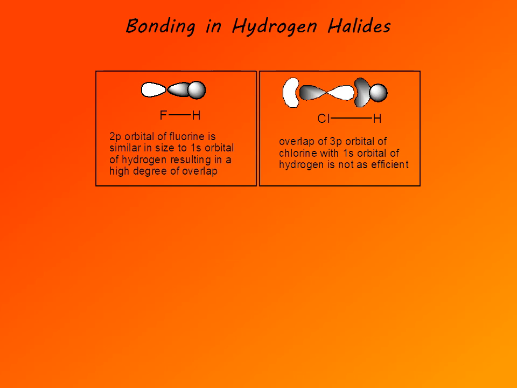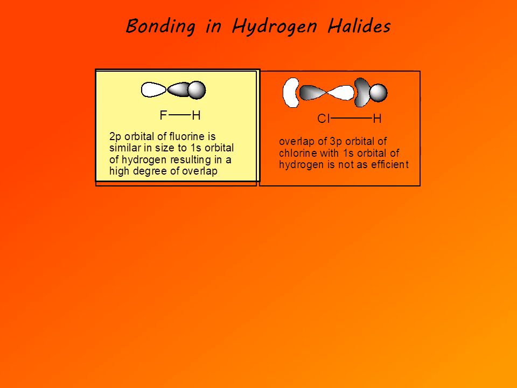Efficiency of the overlap in turn depends on 2 factors. One is relative sizes of the 2 orbitals that are overlapping. So if they are similar in size, they will have better overlap as opposed to orbitals that are very different in size, one large and one small. And the other is the phase of the orbital. Are the orbitals that are overlapping in the same phase?